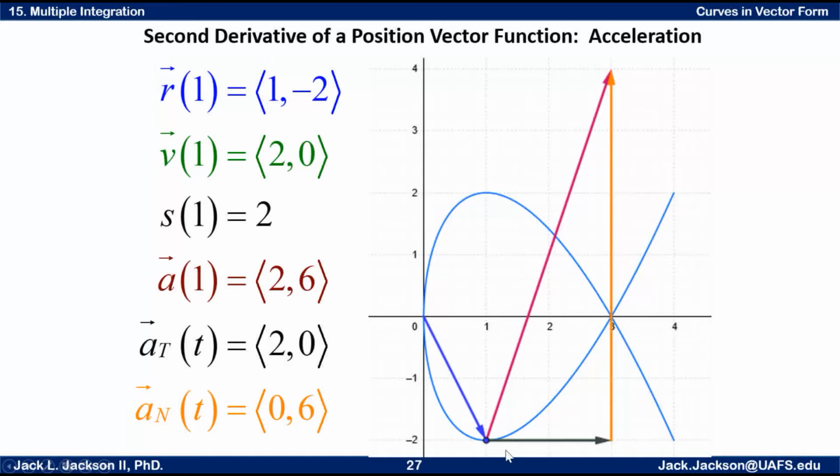The acceleration is pointing this way. So notice that it has a component going in the same direction. That's going to have a tendency to make this thing speed up. So at this point, this particle is picking up the pace. It's picking up speed.